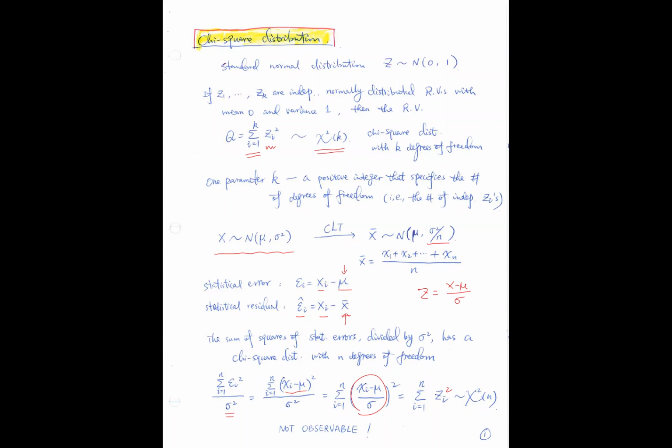Previously we summed k of them. Now we sum n of them. So this will become the chi-square distribution with n degrees of freedom. But this is not observable, because many times we don't know the population mean. Now, we can calculate the sum of squares of the statistic residues.